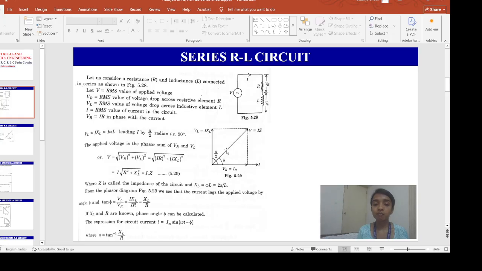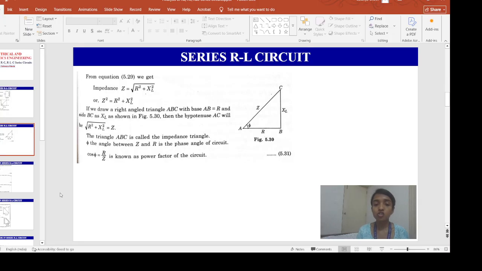Similarly, if I plot an impedance triangle, this side will be my Z, this side will be my XL, and this side will be my R. This is the right angle triangle where the base AB is R, the side BC is XL, and the hypotenuse AC is the root of R squared plus XL squared, which is Z.